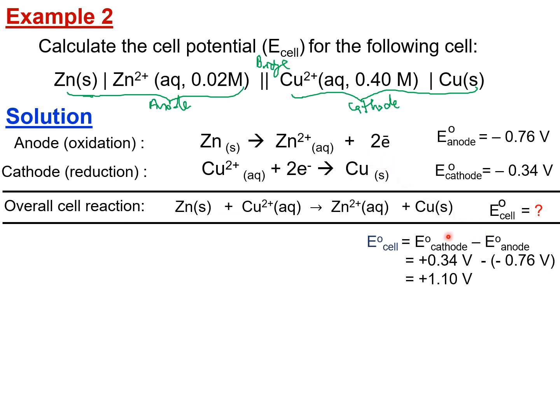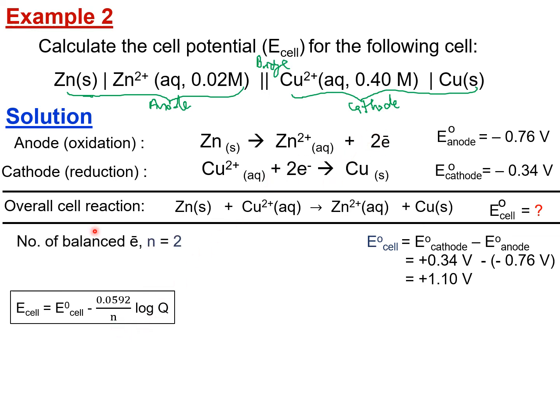Okay, tapi to find the standard cell potential, we have to use this formula, E naught cathode minus E naught anode, and you will get this value as your standard cell potential. And refer balik kepada your Nernst equation, you know that you need to find the n. N adalah the number of valence electron, which is the balance electron here ialah 2.